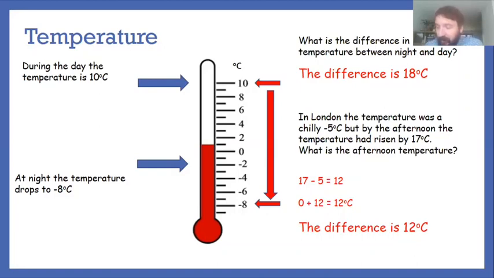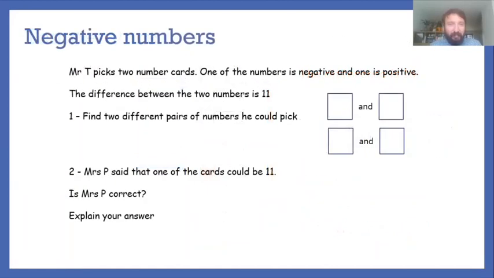And then I know from 0 to 12 is a jump of 12. Okay, and that gives us a temperature of 12 degrees. Sorry, the afternoon temperature should be 12 degrees, not difference. Afternoon temperature. Okay, lovely. So let's move on to this question.